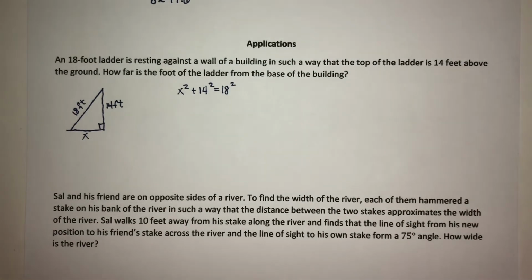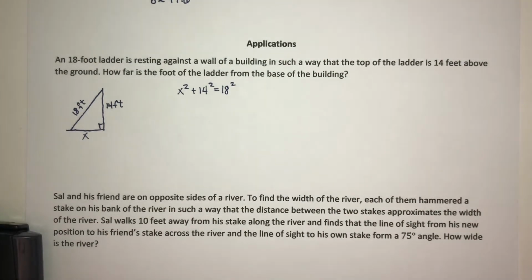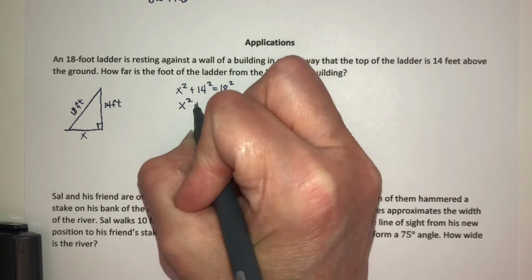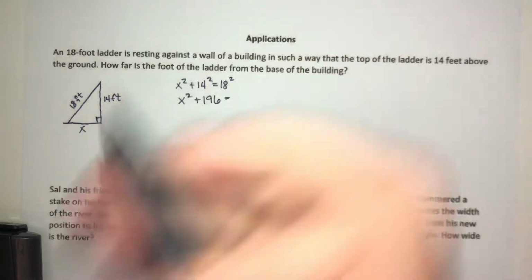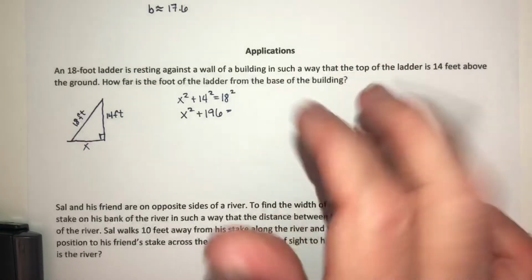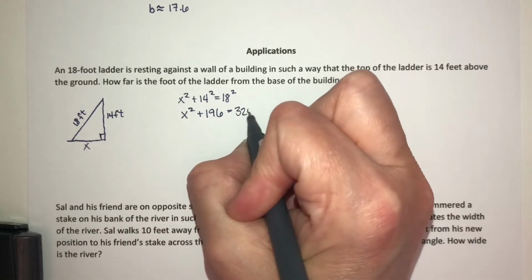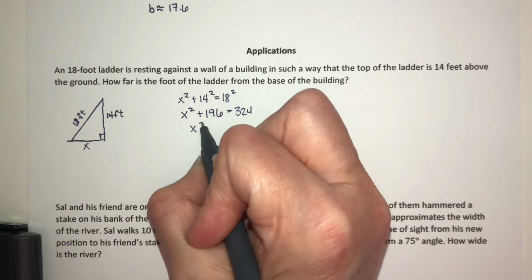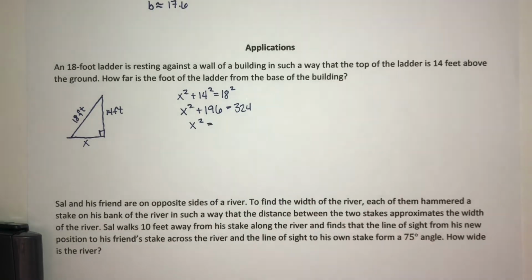Okay, so we end up with 14 squared is 196, plus x squared equals 324. So x squared is equal to 128.